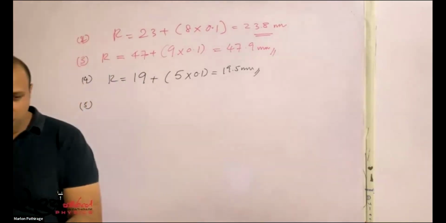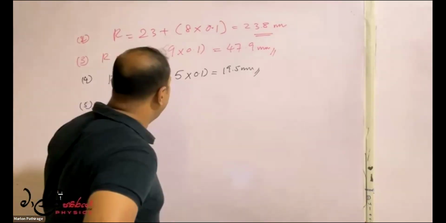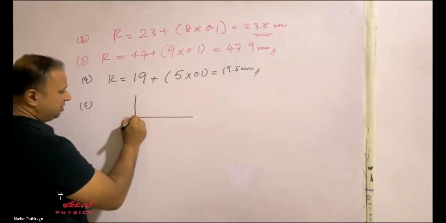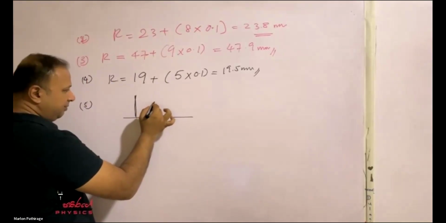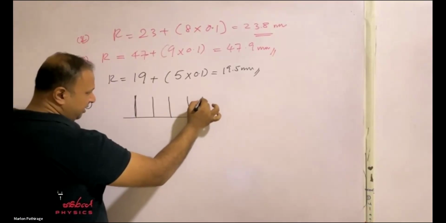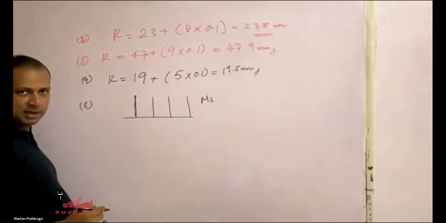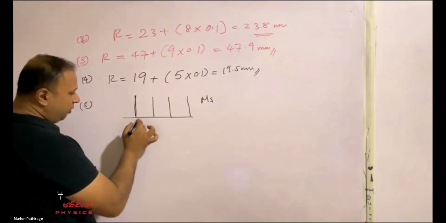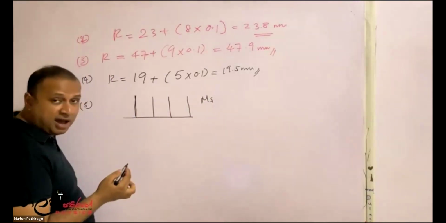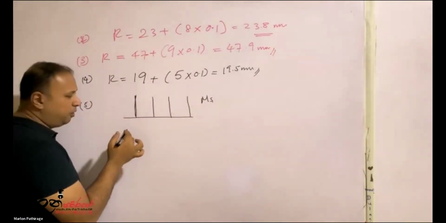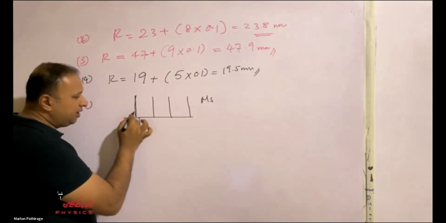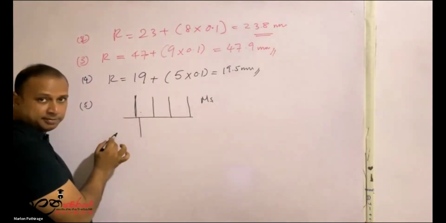Suppose this one is the main scale. If there is an overlapping point, the mark before the overlapping point should be to the right side of the main scale.